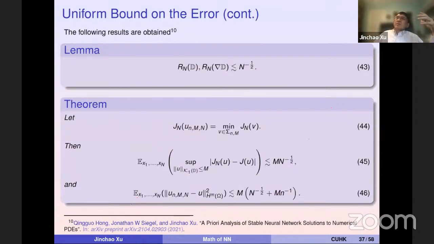In numerical analysis, we're all doing some kind of generalization accuracy analysis. In this particular case, you compute your neural network numerical quadrature by certain sampling, using the Monte Carlo method to do the integration, then you do the minimization like (44).